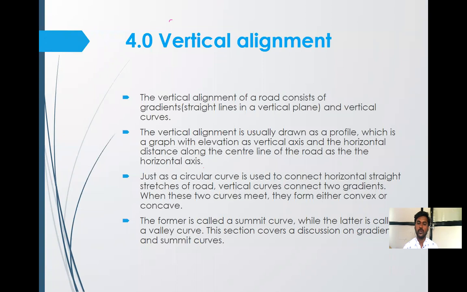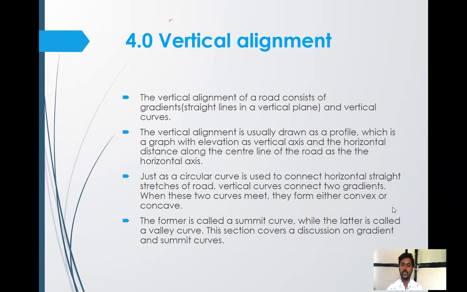When these two gradients meet, they form either a convex or a concave curve. The former is also called a summit curve, while the latter is called a valley curve. This section covers the discussion on the gradient and the summit curve.